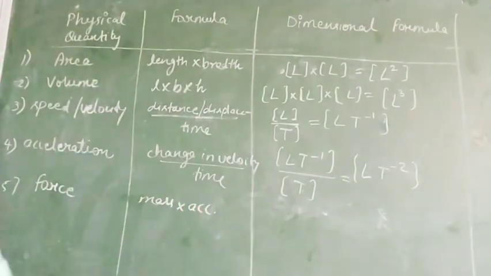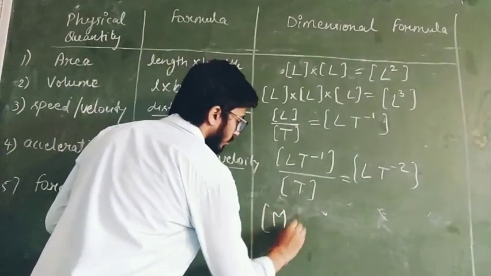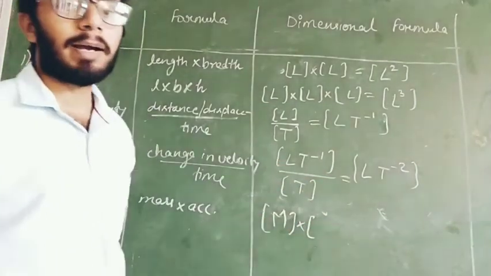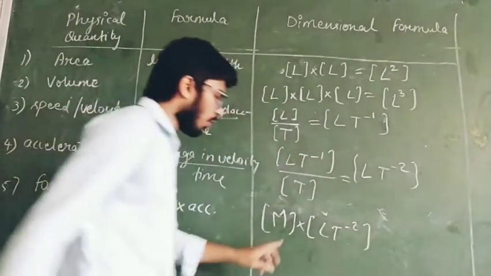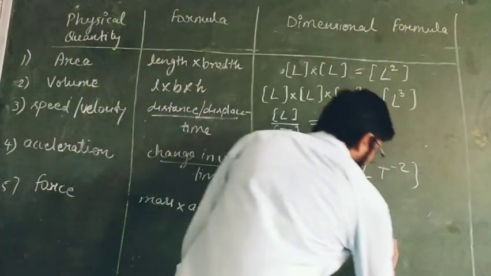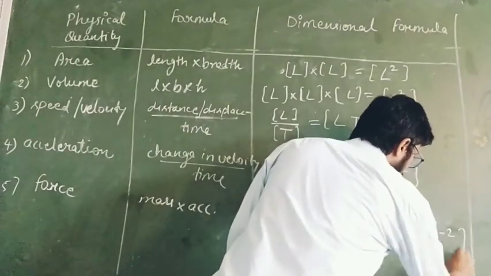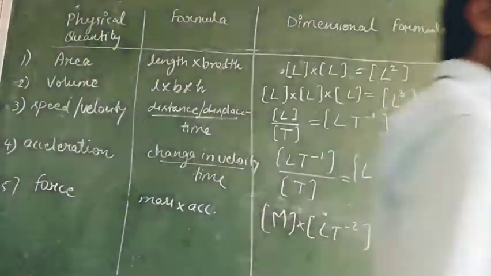For mass we write M, and acceleration we calculated as LT^-2. So the formula will become [MLT^-2]. Just take a screenshot.